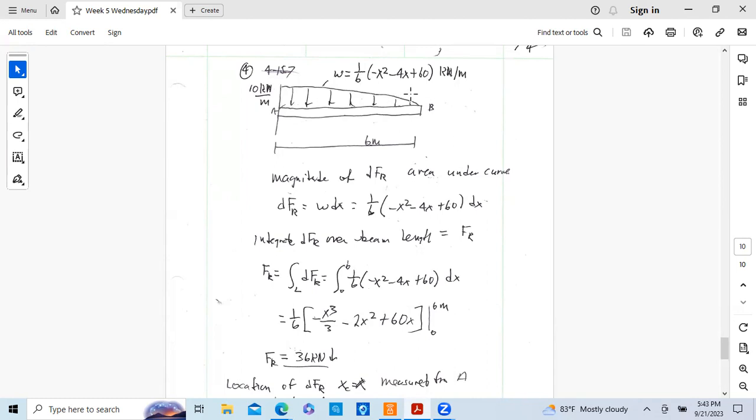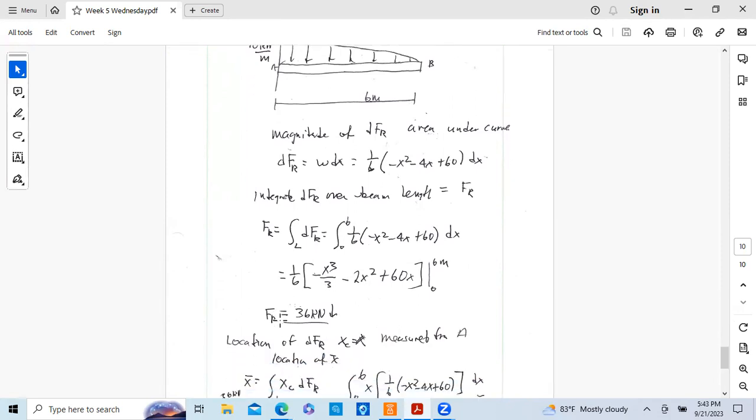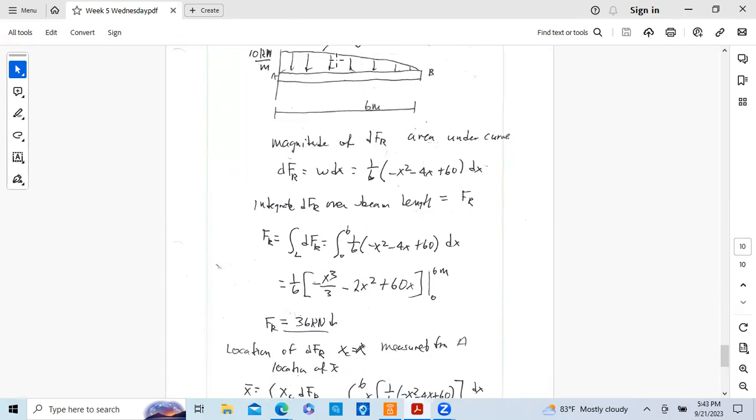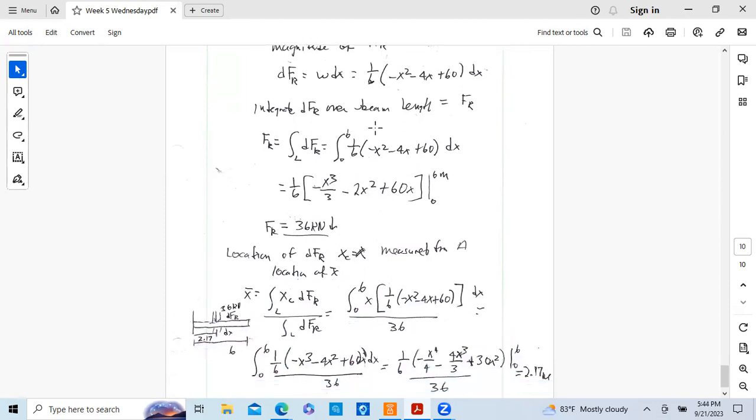Actually, it's x squared minus 4x plus 60 kilonewtons per meter. And what you do is you integrate this area from 0 to 6 to determine the total force, and then you can locate the centroid using this equation down here.